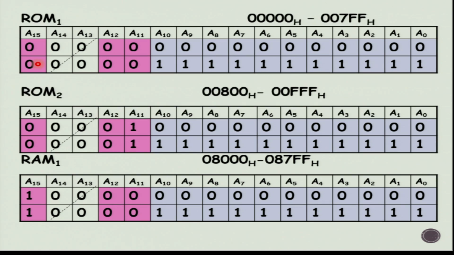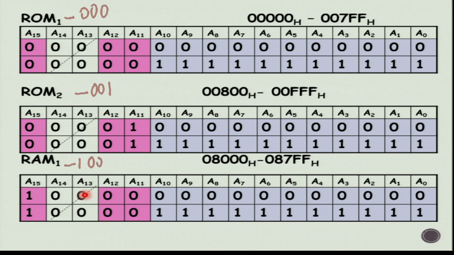If you look at these address lines, A11, A12 and A15 are all going to be zeros for ROM 1. So for ROM 1, A15 is 0, A12 is 0 and A11 is also going to be 0. In case of ROM 2, it is going to be 001. You can see in case of RAM 1, it is going to be 100, right?